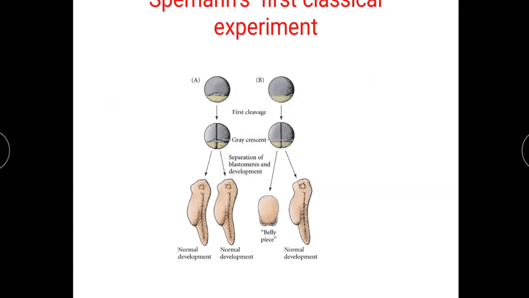But in the next experiment, when the plane of constriction was perpendicular to the first one, there was unequal distribution of the gray crescent. So maybe the gray crescent is responsible for the initiation of animal development, and that leads us to think about its potential.